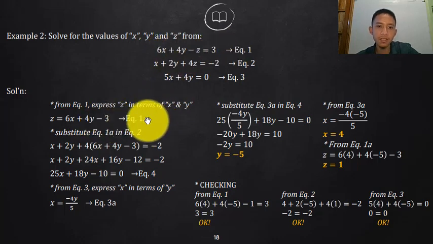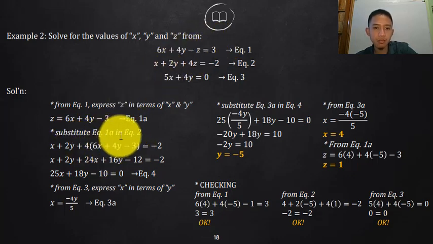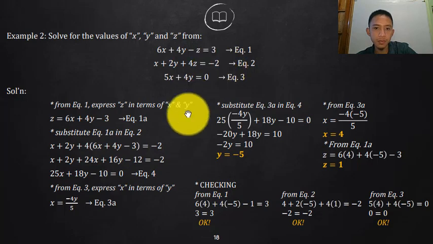Okay, so let's say that is equation 1a, since that is just coming from your equation 1. Now substitute that equation 1a in your equation 2. So z will become this trinomial. If I substitute that, x plus 2y will still be the same, but 4 will be multiplied by this quantity on top. And that is still equivalent to negative 2.